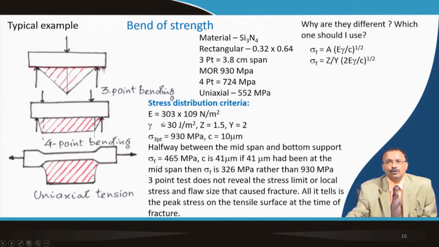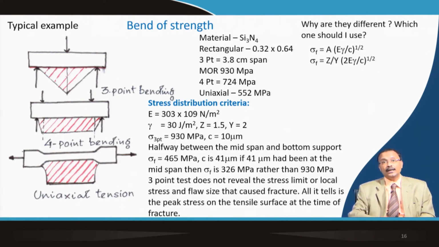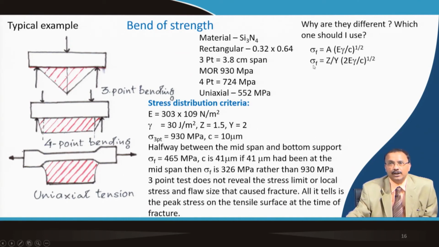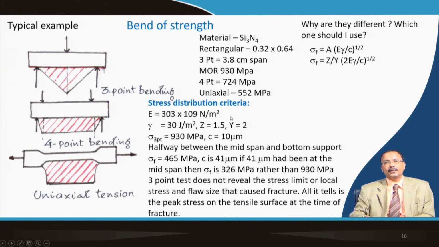The elastic modulus is taken about 303 into 10 to the power 9 Newton per meter square. Gamma you can take 30 joule per meter square, and this dimensionless parameter, this z and y, what I have talked about, z by y into 2 E gamma by c to the power half, the Griffith's formula. So, you can apply that and estimate the stress value.